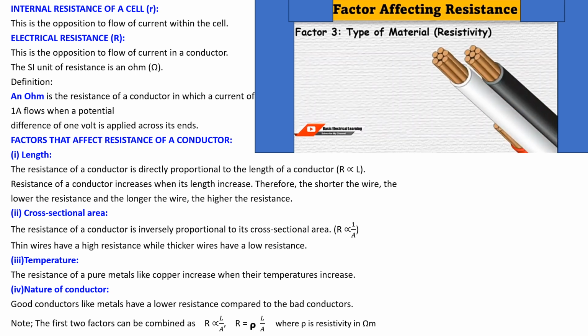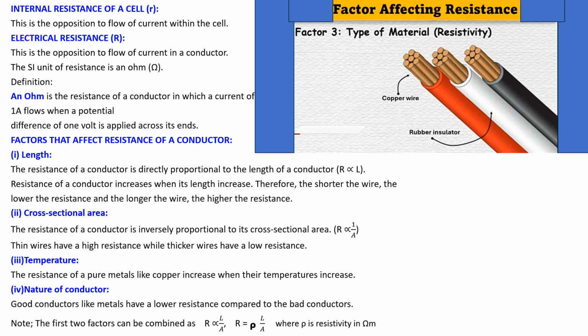That's why we use them to cover connecting wires, because they do not allow current to flow through them. The nature of the material affects resistance. Insulators have higher resistance, and copper wires have relatively low resistance as long as the temperature is kept constant.